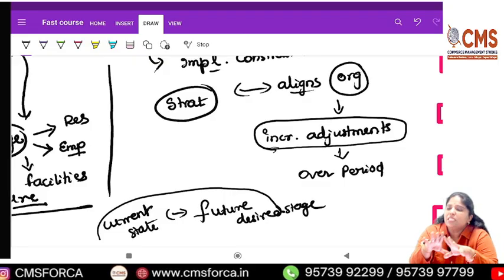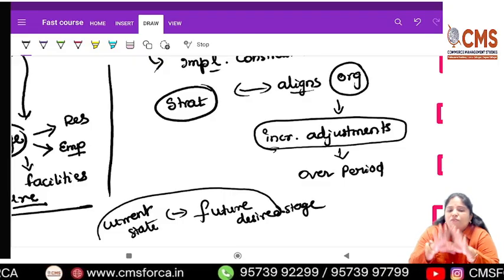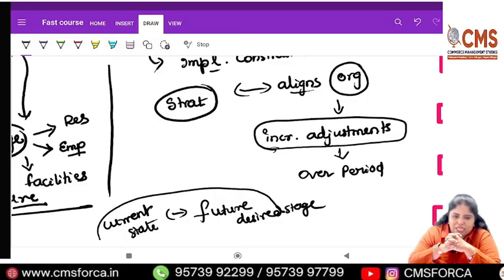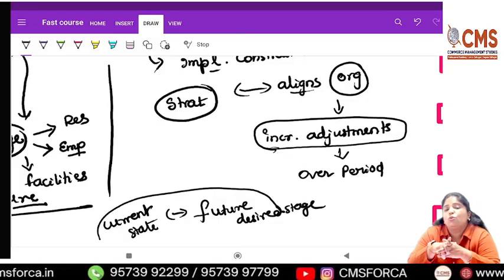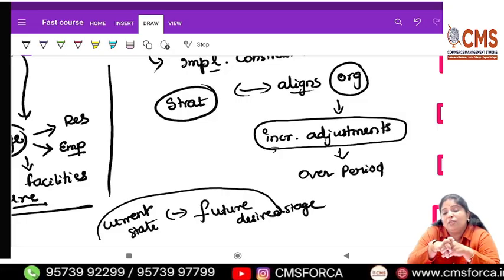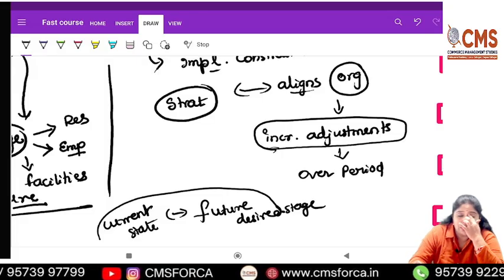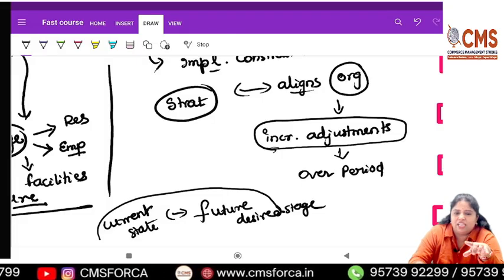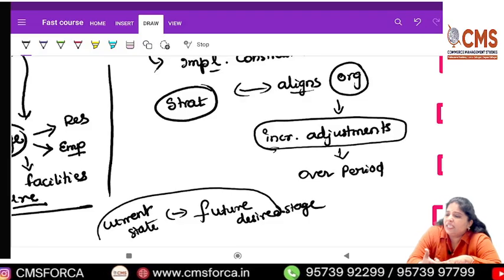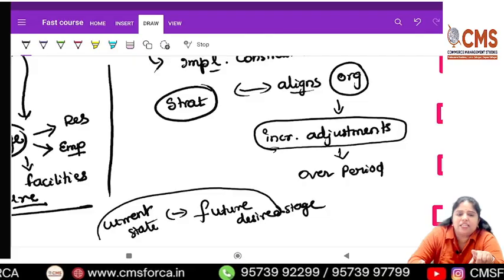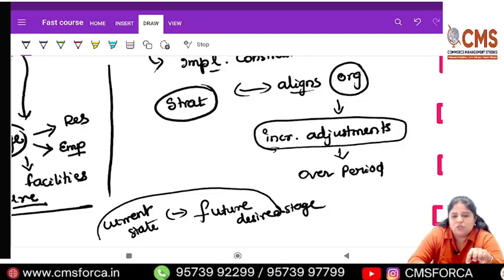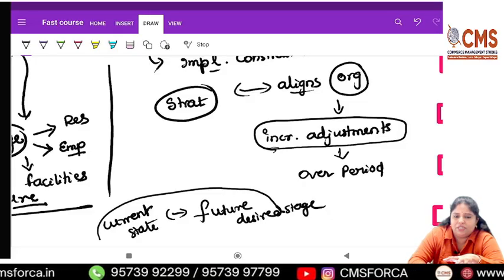No, it happened over a period by making many incremental adjustments. So what is the scenario here? First, understand what a backward linkage is. Implementation is going to affect how you formulate your strategy. Do not formulate a strategy which doesn't align with the organization. Formulate a strategy keeping in mind your past strategic actions, your available resources, and the constraints you have in implementation.